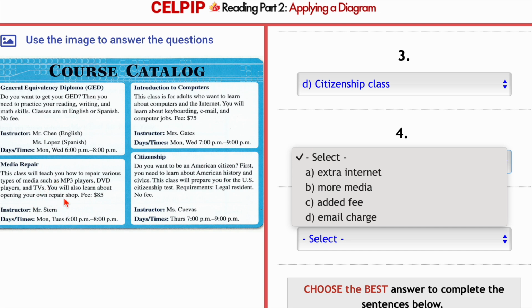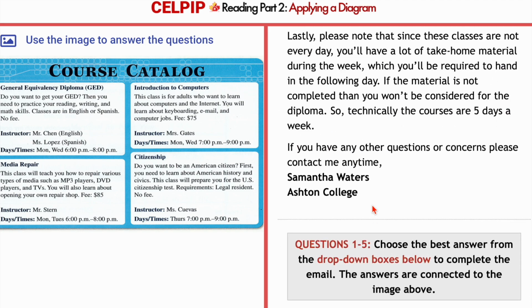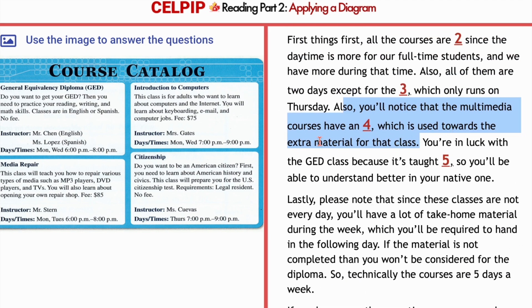Where's the internet? It says you will want to learn about computers and the internet. So you will learn about the internet. It says fee 75, fee 85, so an added fee. The multimedia courses, computers and media repair. So 2 of them. This one's not about the internet as well.